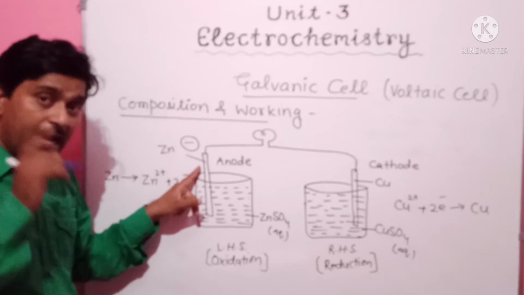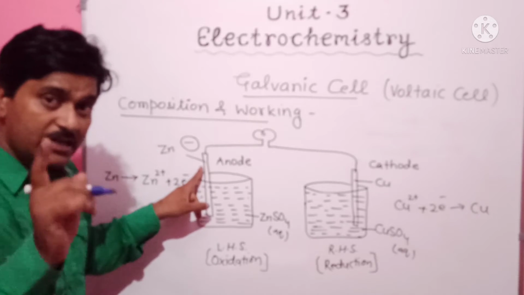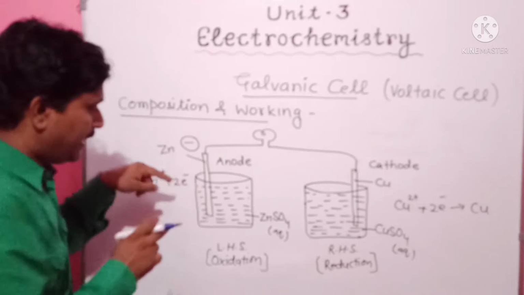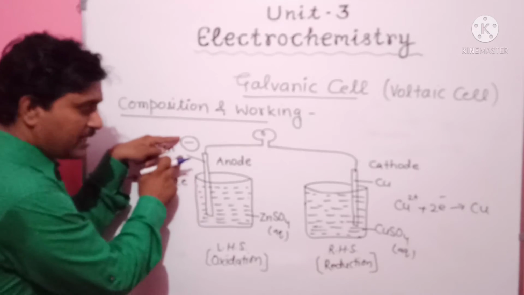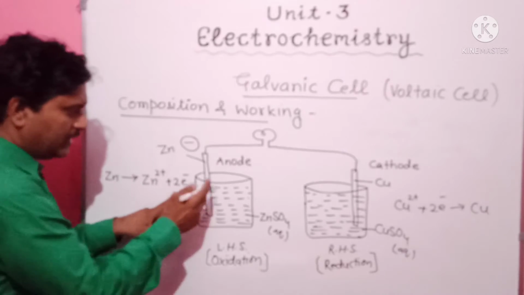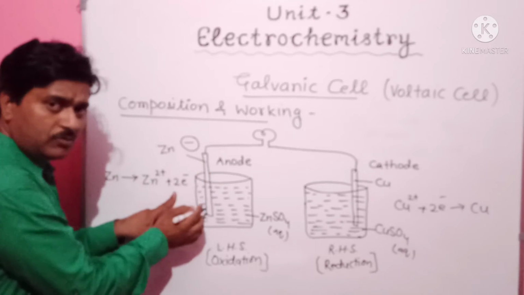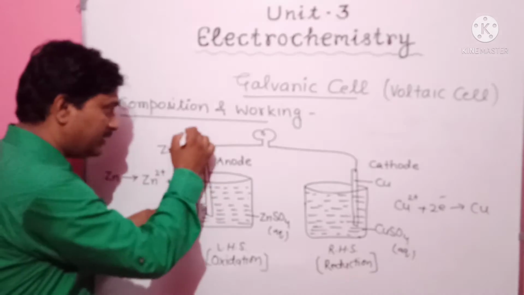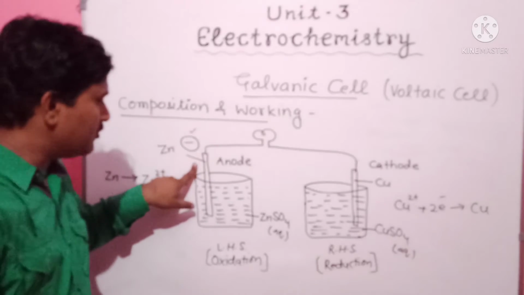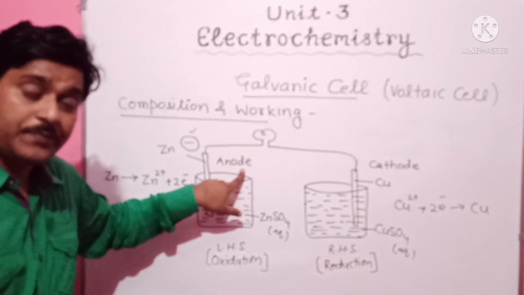The electrode at which negative charge is present, or we can say produced. Here electrons are produced by the zinc, so electrons are there on that electrode, so that electrode is said to be the negative electrode, and the negative electrode is called the anode.